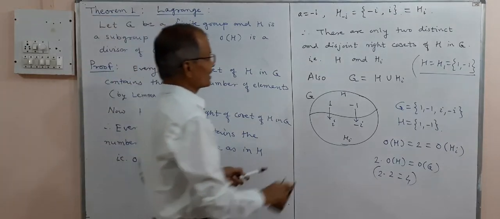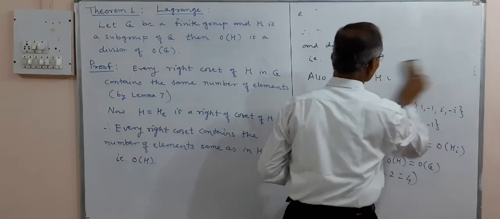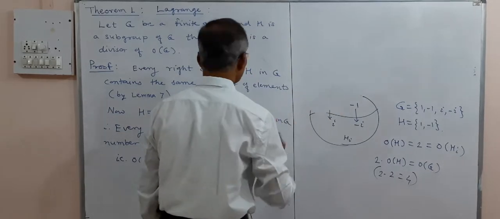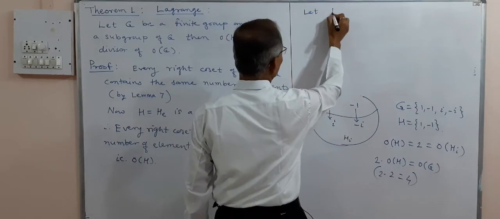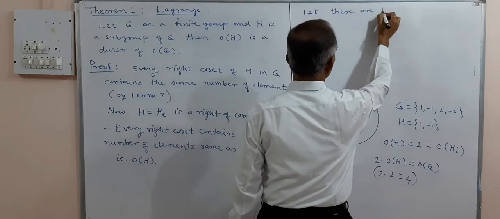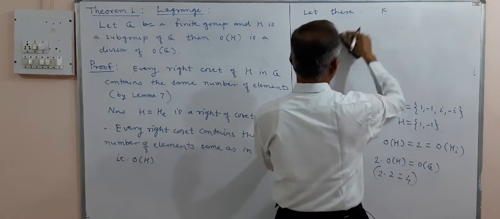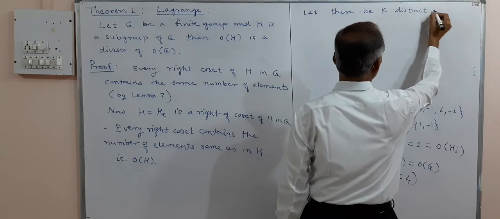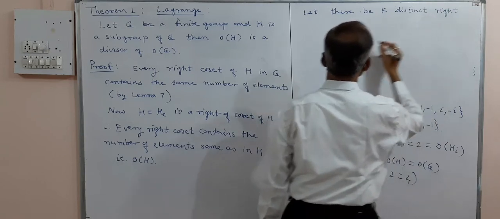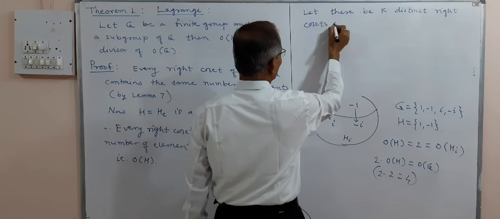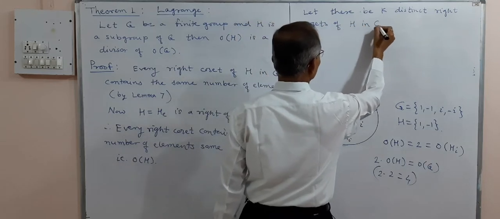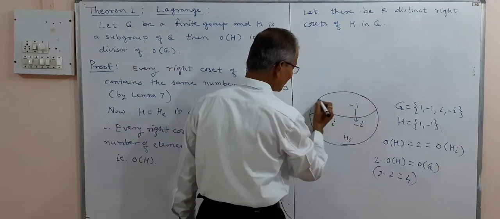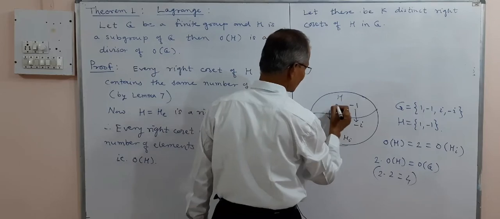And now we suppose there are k distinct right cosets of H in G. Now there is no element in common between distinct right cosets.